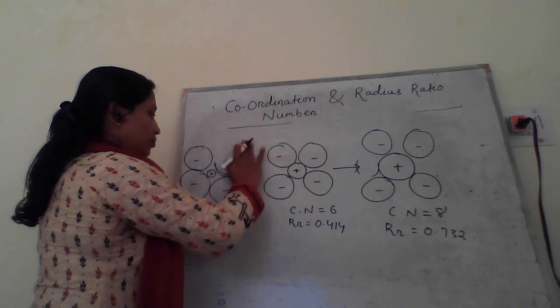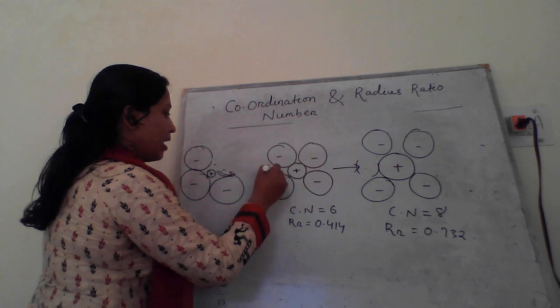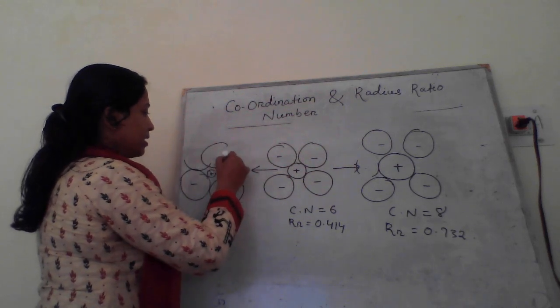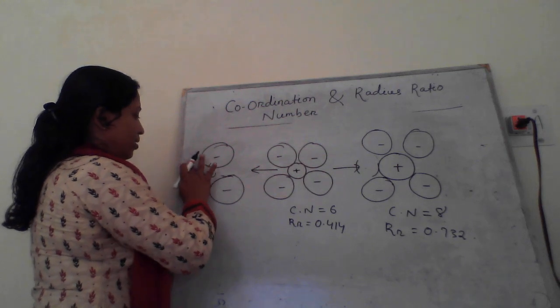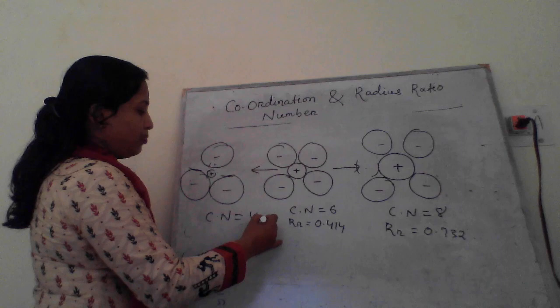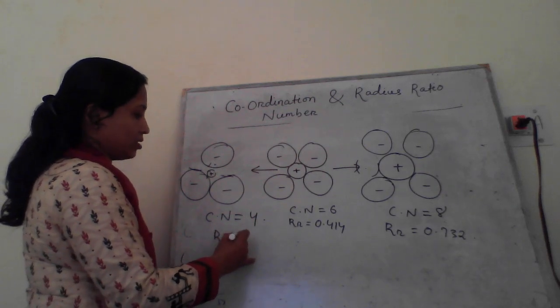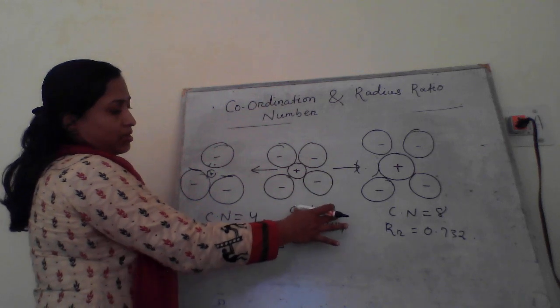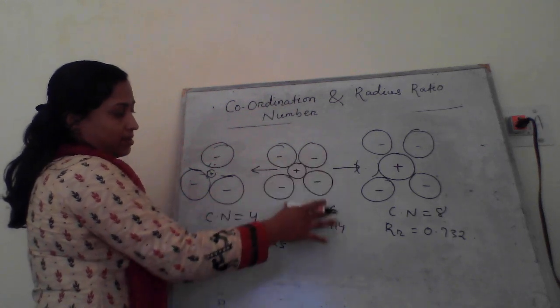So we should remove an anion here. For better packing, automatically the coordination number becomes 4 and the radius ratio becomes 0.225. Here the coordination number is 6, the shape is octahedral.